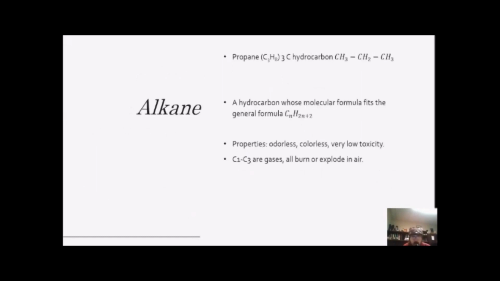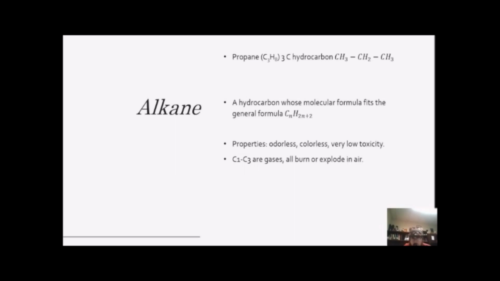The next one is propane with a molecular formula C3H8. This C3H8 would then have, if we took off another hydrogen, the CH3, CH2, CH3. Note that in the center, it cannot have a CH3, CH3, CH3.